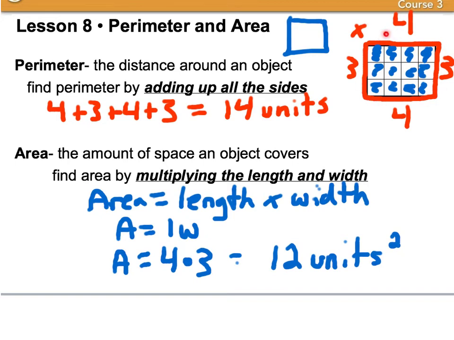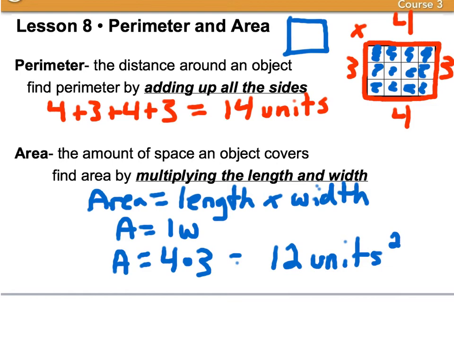When we talk about area, look at the things I shaded in. Each one of these is a square. That's why it's units squared, because they make a little square. So for perimeter, you always just put units or centimeters or feet or whatever the unit is. For area, you have to put units squared, centimeters squared, feet squared. Area is always squared. So that's the difference between perimeter and area.